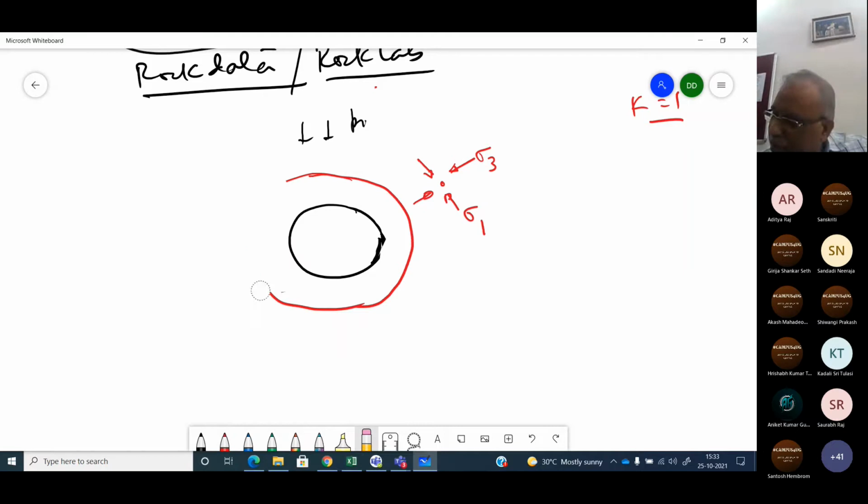Whatever formula I will now be deriving is for k equals to 1 only. If you require anything other than k equals to 1, then we have to go into numerical analysis. Finding the equation analytically is more or less impossible, or a lot of hard work will be required there.